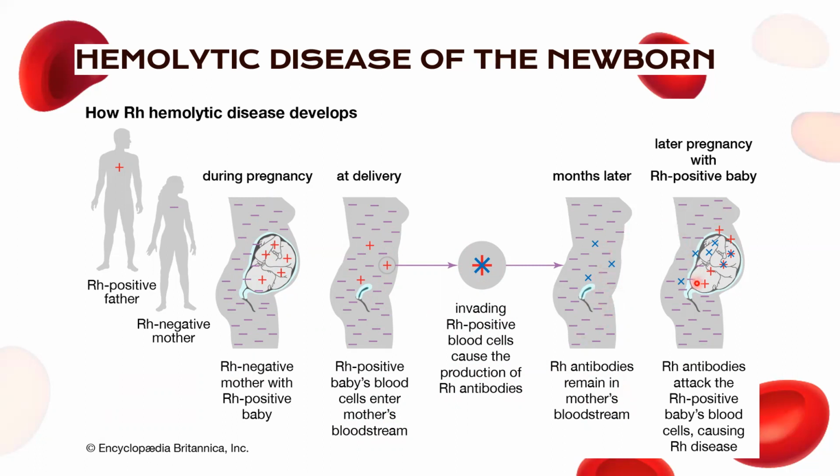So when there is another pregnancy, not the first one, the Rh antibodies that remain in the mother's bloodstream will attack the Rh positive baby's blood cells, causing Rh disease. So this is hemolytic disease of the newborn, when there is an Rh positive father and an Rh negative mother.